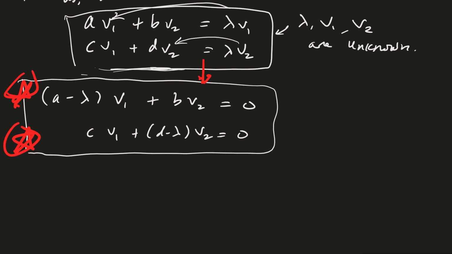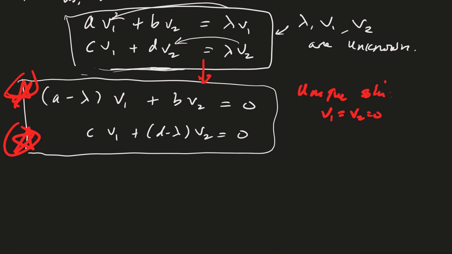Remember that we have three possible outcomes for a system of equations like this. Number one is we have a unique solution. If we had a unique solution, what would it be for v1 and v2? The unique solution is v1 equals v2 equals 0, right?